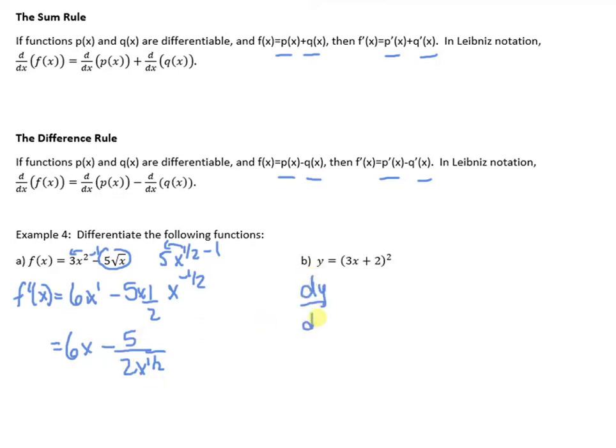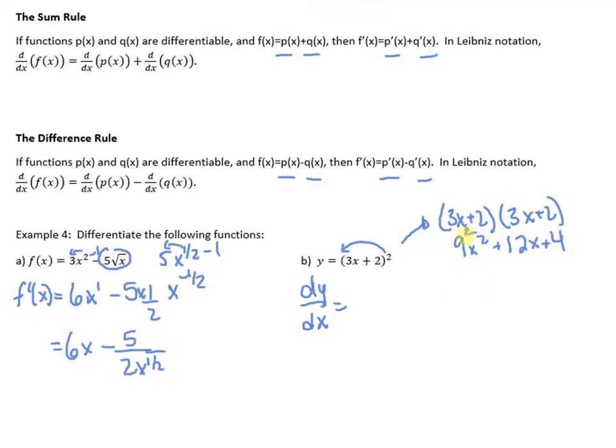For y, we use dy by dx. Bring this 2 in front. Write the, oh, you know what? I'm going to teach you chain rule after. What I'm actually going to do is I'm going to expand this (3x plus 2 squared). So we have 9x squared plus 12x plus 4.